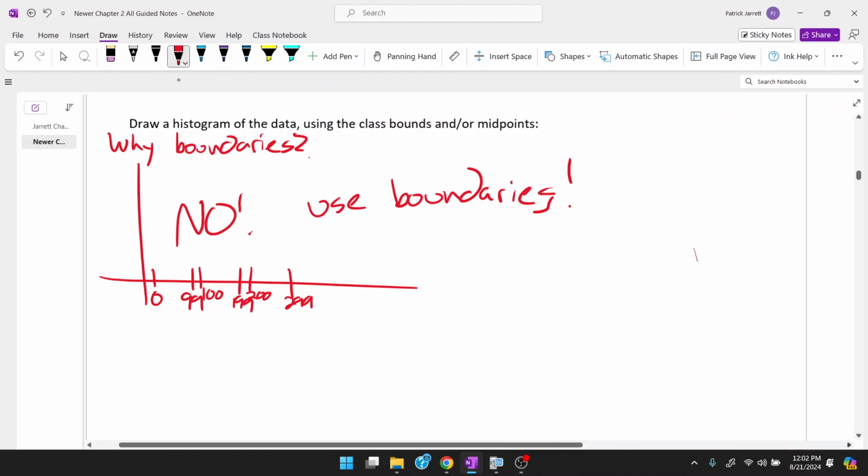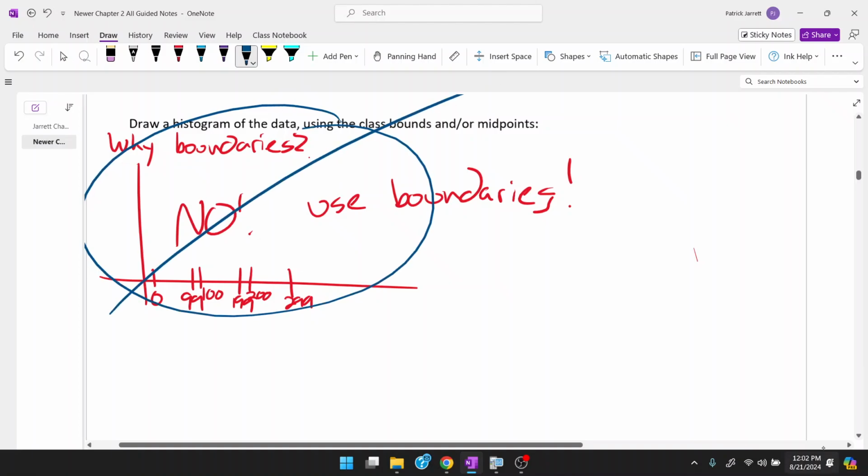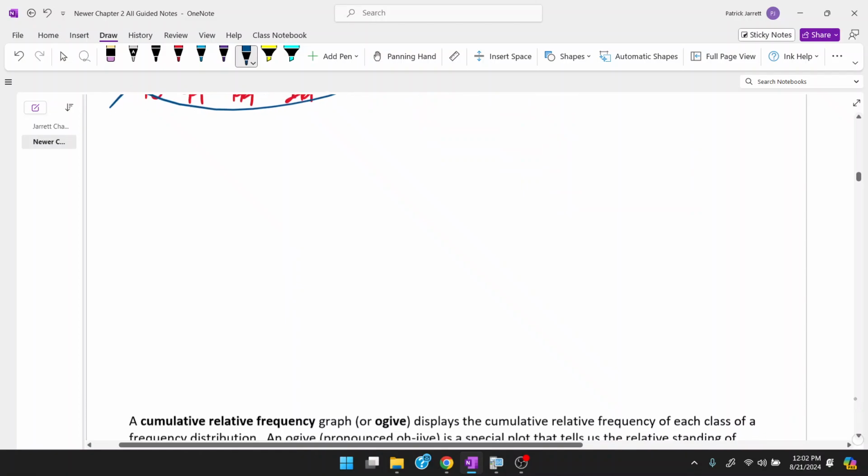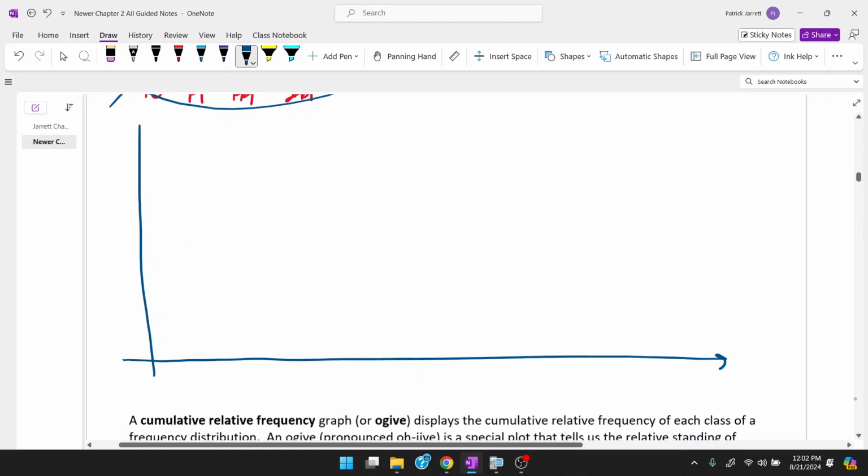So basically, yeah, like, you know, the no smoking sign? It's that. But what we're going to do here is put the class boundaries: negative 0.5, and then the next boundary point was what? 99.5, good.